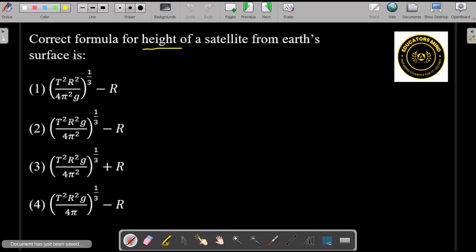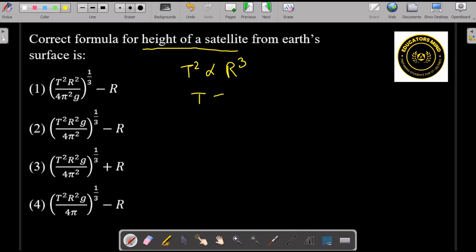Correct formula for height of satellite from Earth's surface. Here we should know one thing, that Kepler's law, we know T square is proportional to radius cube, right?